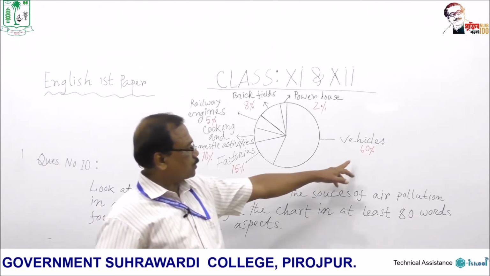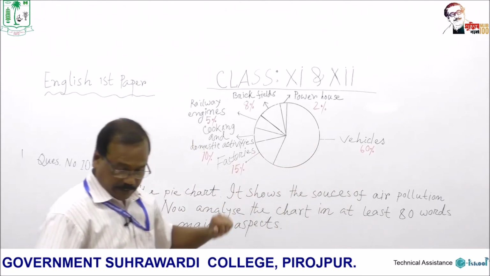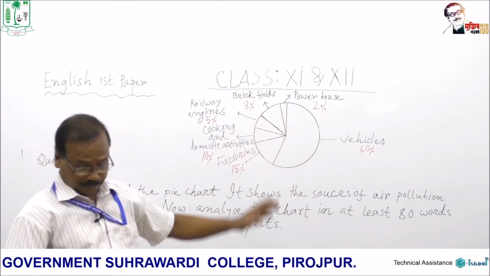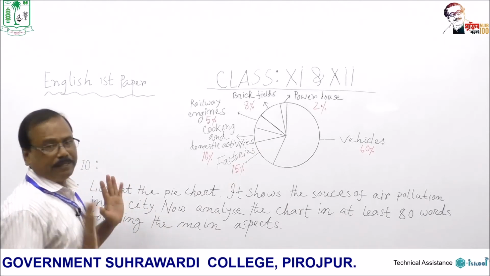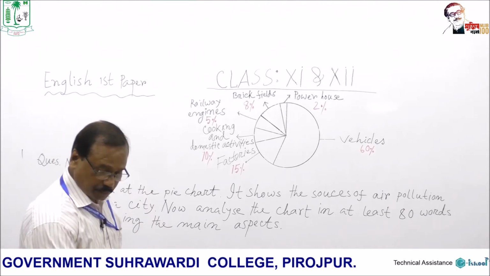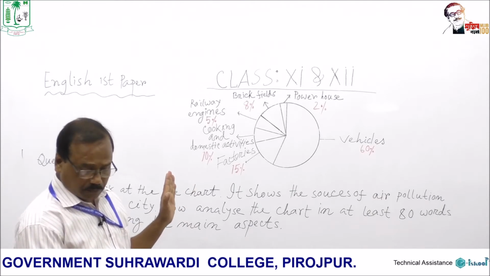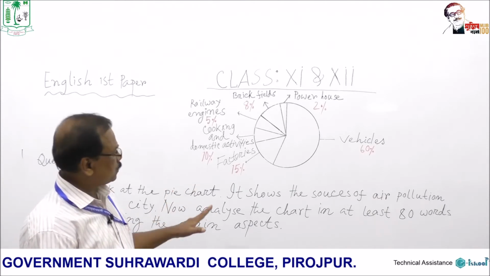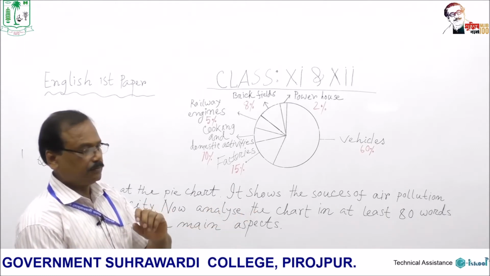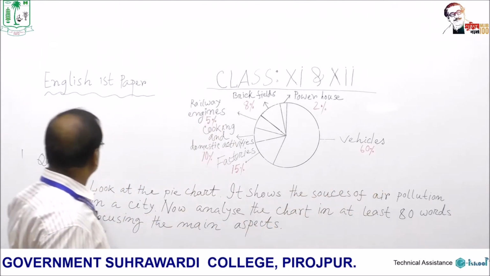Now, which will come first? The biggest one will come first, that is the 60%, that covers most of the circle. The third sentence will be like this. In the first sentence, I should like to repeat, the pie chart shows the sources of air pollution in a city.